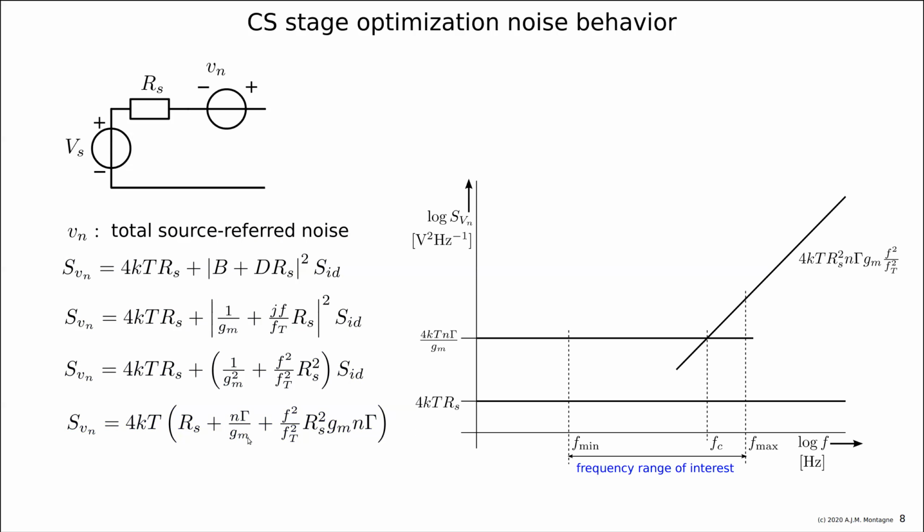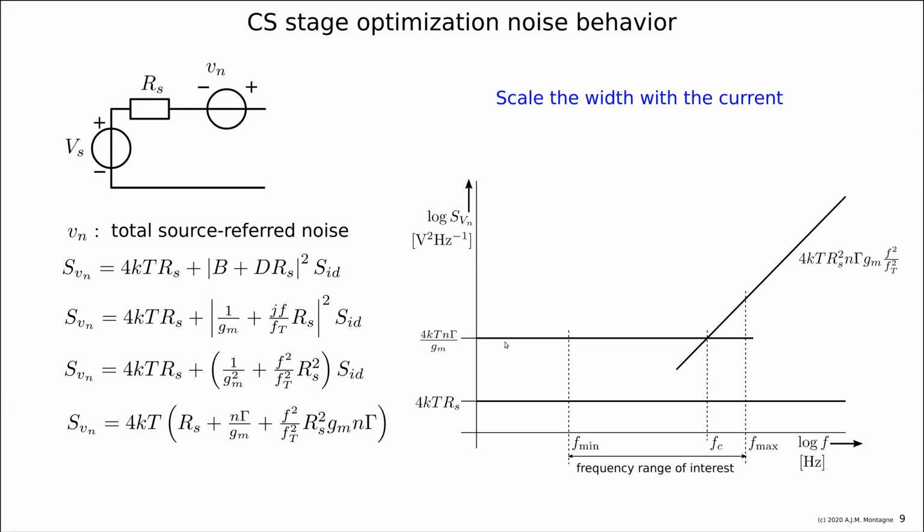The second term, n gamma divided by GM times 4kT, is this upper line. And then this line that increases with frequency is the gate contribution, the gate-induced noise. Now let's see what we can do. Sorry, between f min and f max is the frequency range of interest.